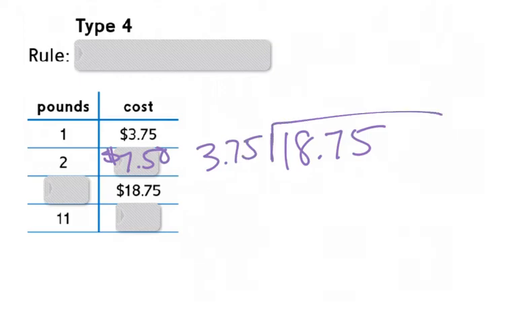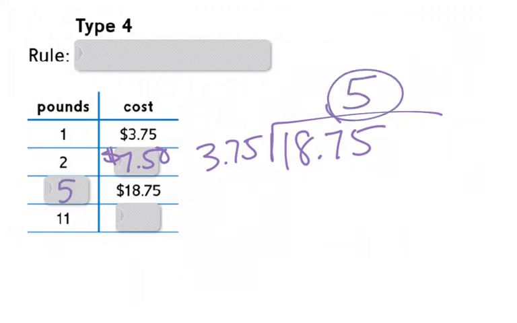I can't put a calculator on here, but if you were on your iPad to take a calculator and you were to take $18.75 divided by $3.75 a pound, you would get 5 pounds.